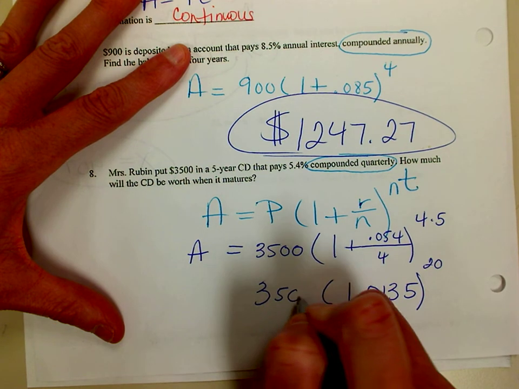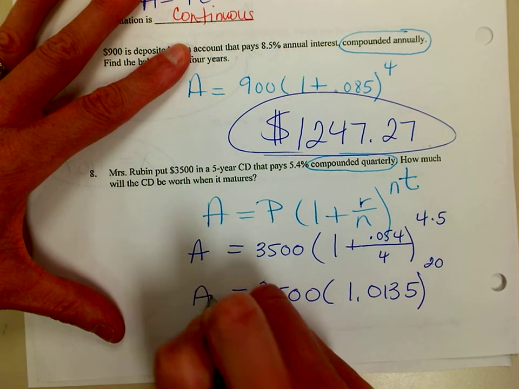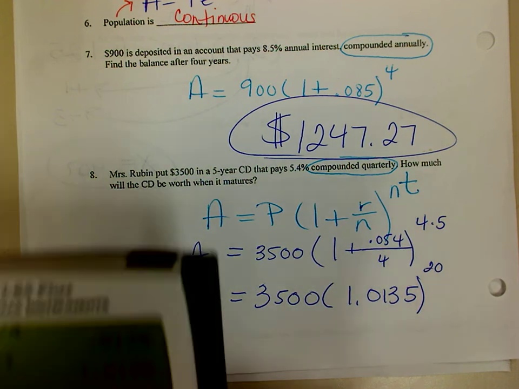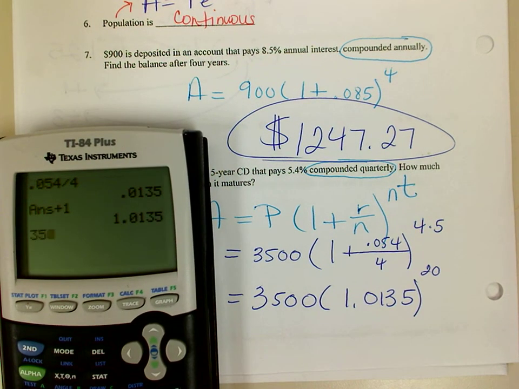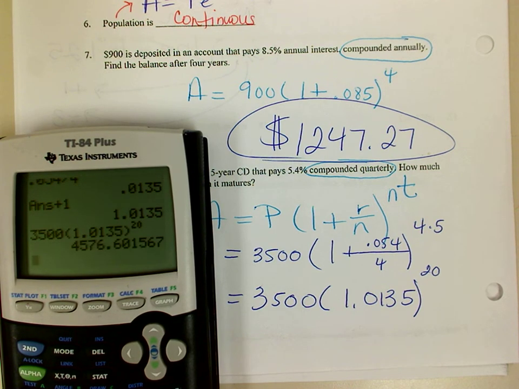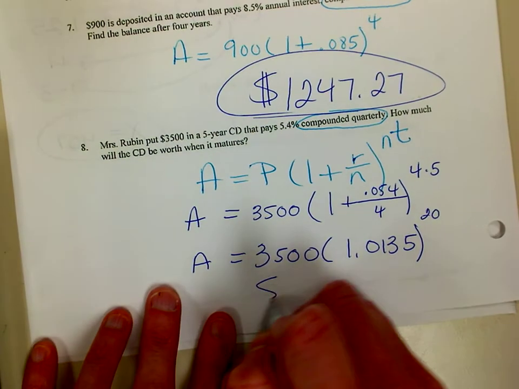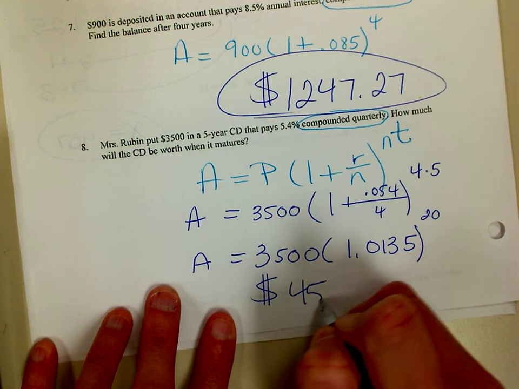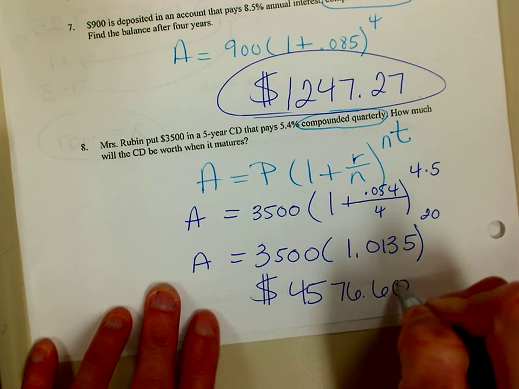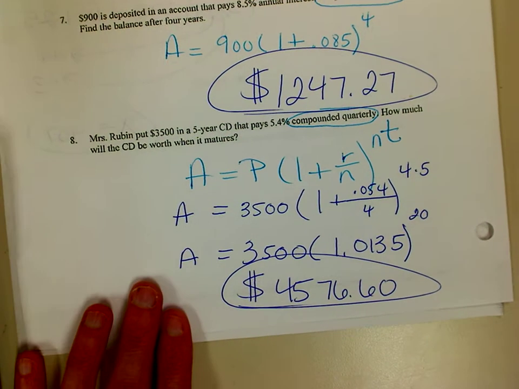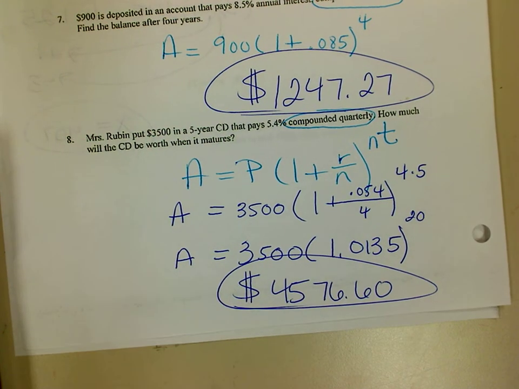Bring this down. And now I can put all that in my calculator, exactly how we see it. So $4,576.60, which again makes sense because your money's growing over time. So your amount should be more than what you started with. Let's move on to the next page.